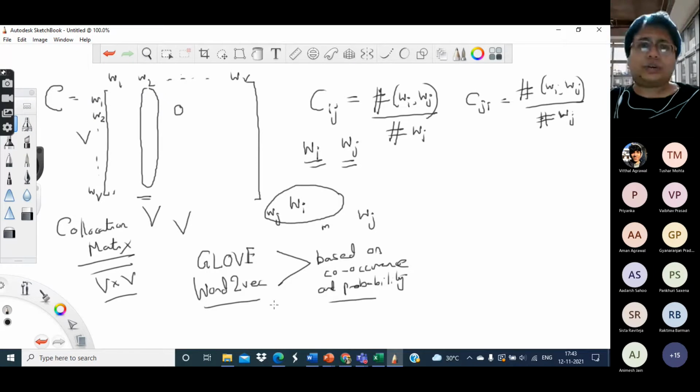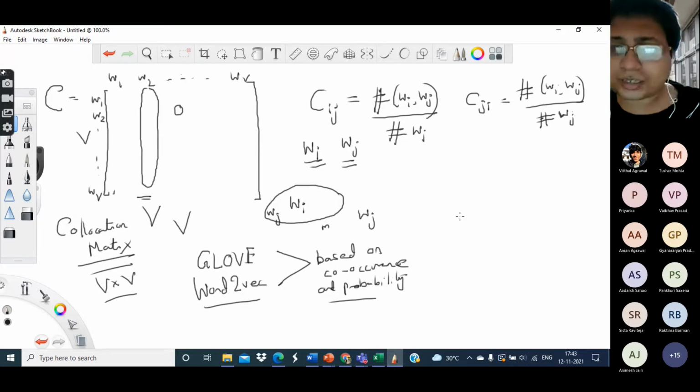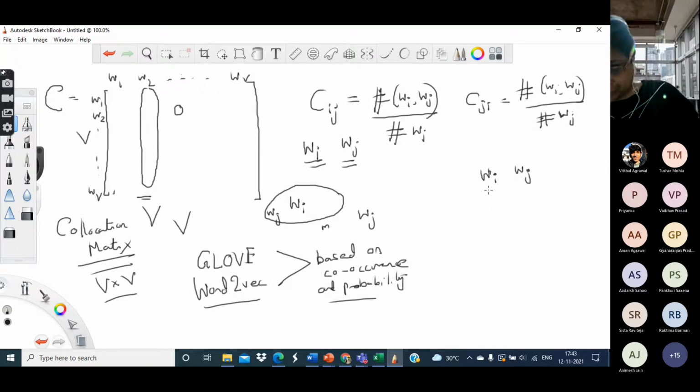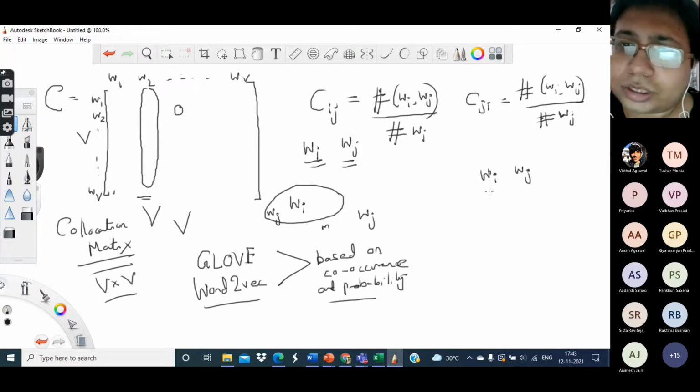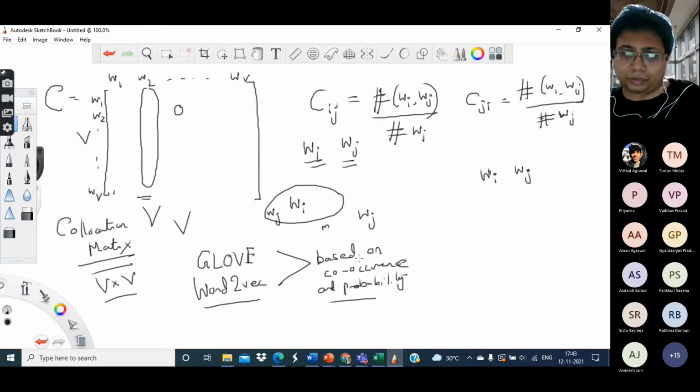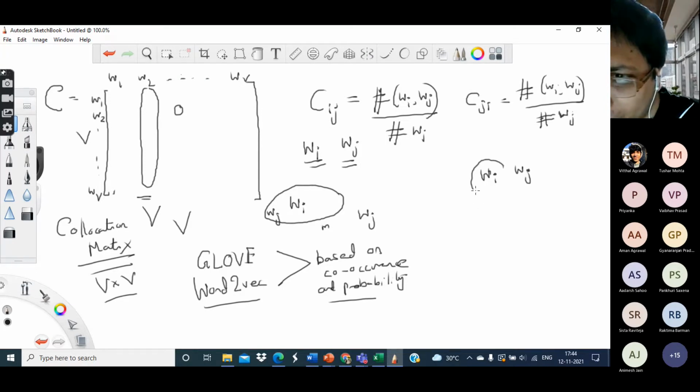Why probability? So let us consider any two words wi and wj, which are appearing in the context of each other. Now what happens in these kinds of algorithms is that they try to predict a score. That is, you focus on the word wi and you try to estimate a probability of what its surrounding words can be, right?